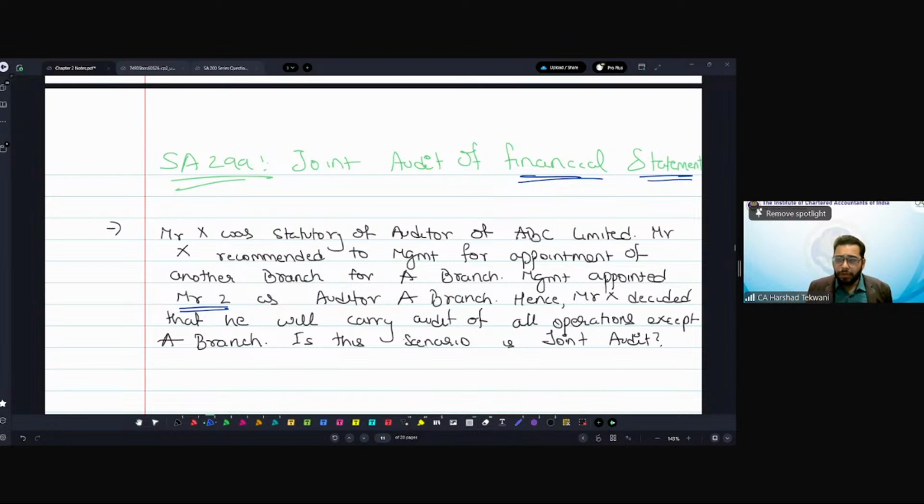Any doubt? Just let me see if I have an example to show you how the signatures are there in the audit report. Just give me a minute. I'll show you that one so that you can understand in much detail how it is reported.